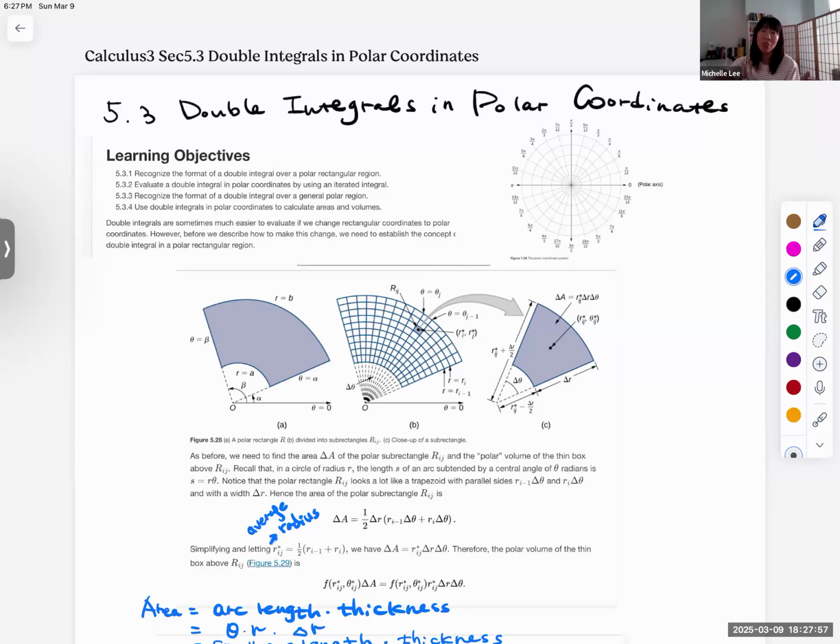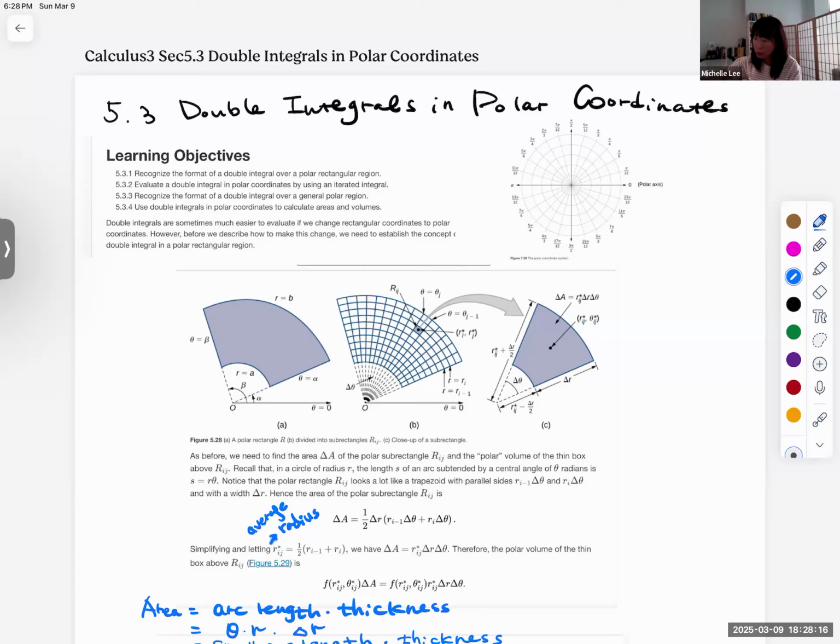So we extend the third dimension, that is the cylindrical coordinate, from the polar, right? So we are learning two-dimensional polar coordinates here. In the polar coordinate system, we have a radius and angle involved, right?